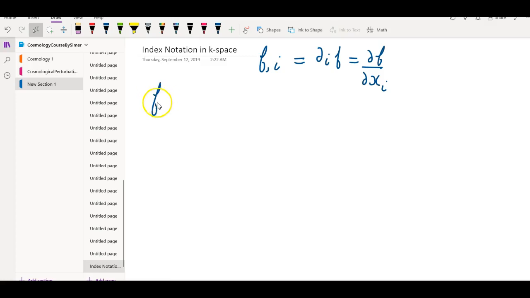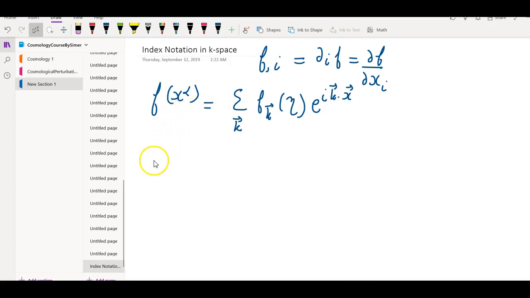If I have any function f, which is a function of x alpha, I can write this as f_k eta e to the power iota k dot x. Now when I take the partial derivative with respect to x_i, what will I get?